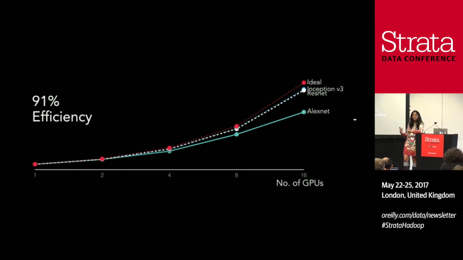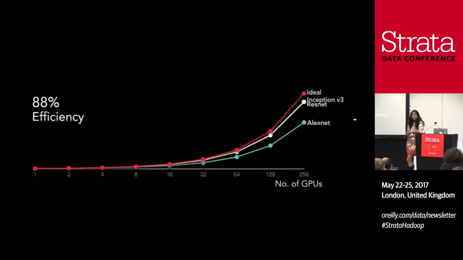This is the number of images processed per second. What happens is you're slightly down that curve, but not by much. So 91% is a very high number for efficiency, right? So you're getting a lot out of expanding your GPU instance here.